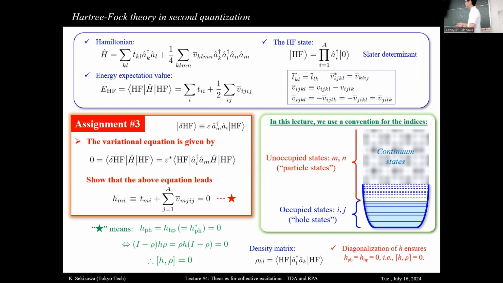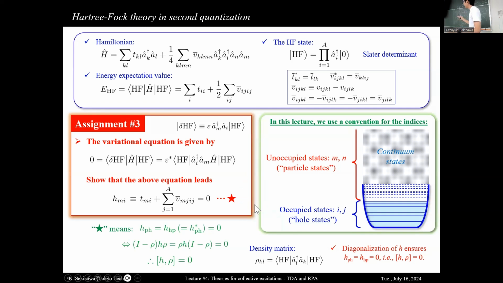So in practice, you can diagonalize this single-particle Hamiltonian to get single-particle energies, and it automatically ensures that the hole-particle and particle-hole components are 0, which is the result of variation. Okay, so this will be an assignment.